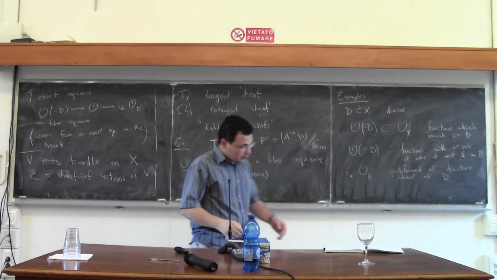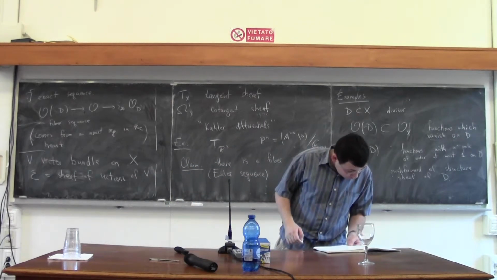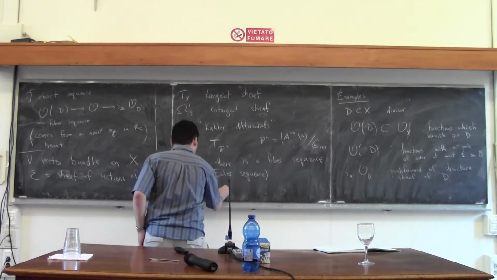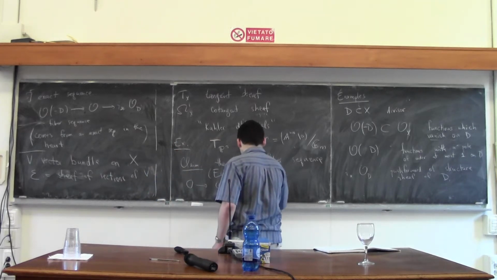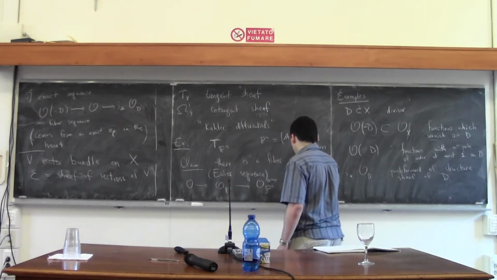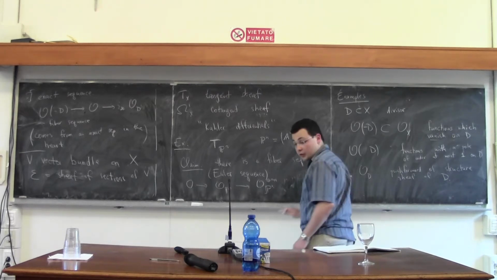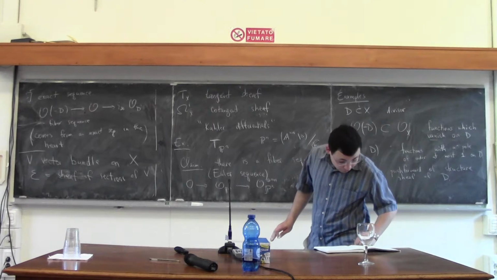It goes like this. Let's screw it up. So 0 goes to the structure sheaf of P^n, then n plus 1 copies. Oh boy. I'm getting ahead of myself here, aren't I?